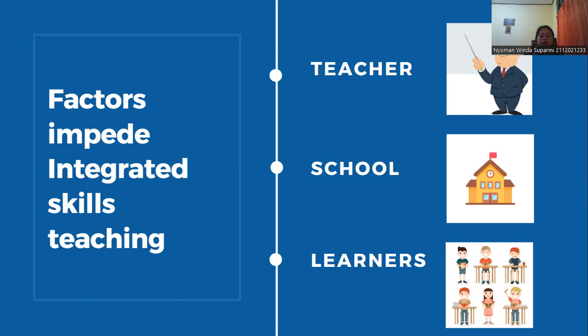The teacher should create friendly classroom conditions that will make the students feel safe, connected, and supported in the whole learning process and activities. The hindering factors related to the school concern the climate, policy, and equipment.